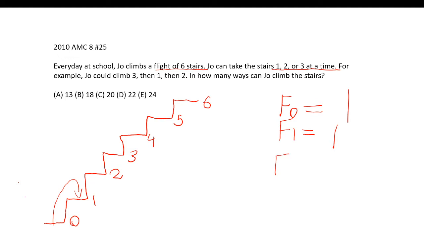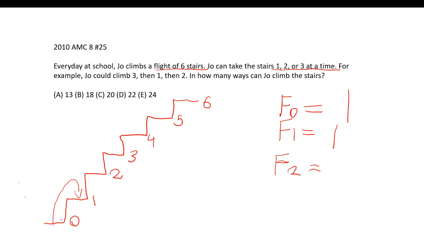Now we go to F2, which in this problem is actually going to be another example of a base case, since 3 steps, remember that. Now F2 is where things get a little bit interesting. Over here we have multiple ways to get to F2.